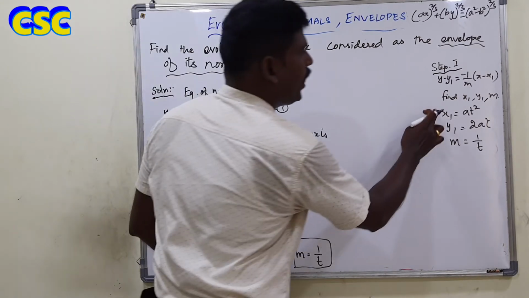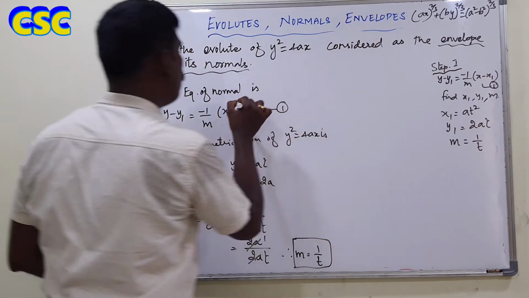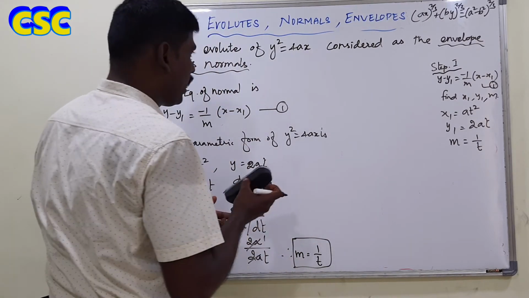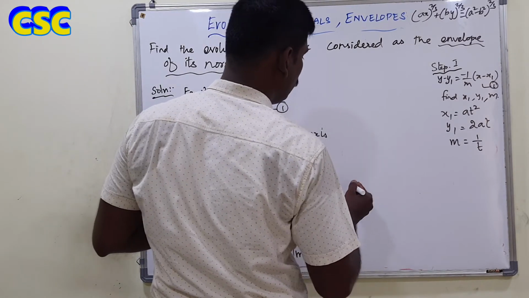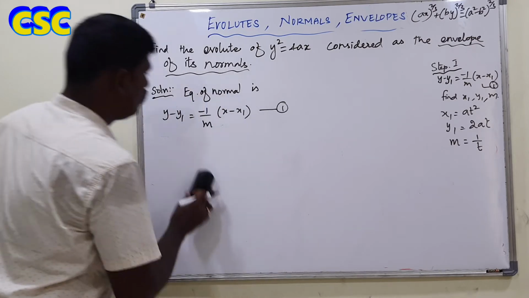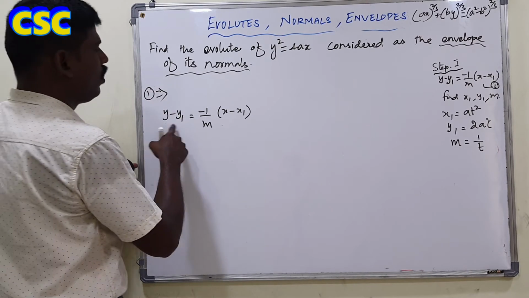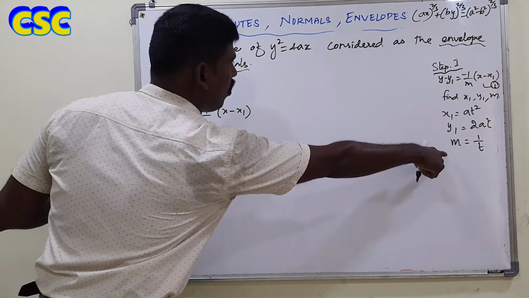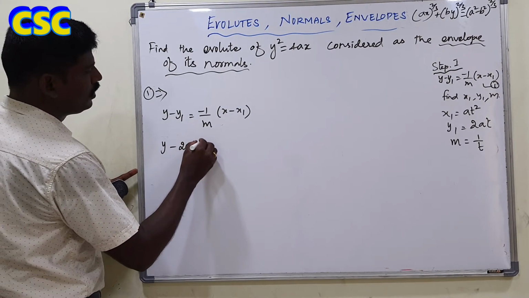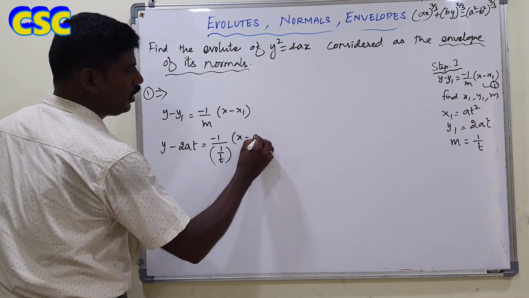After finding all these three, x1, y1 and m, I substitute them in equation 1. What is 1? Y minus y1 equal to minus 1 by m into (x minus x1). I substitute all three values in the equation of the normal. So y minus y1, which is 2at, equal to minus 1 by m, which is 1 by t, into (x minus x1), which is at square.